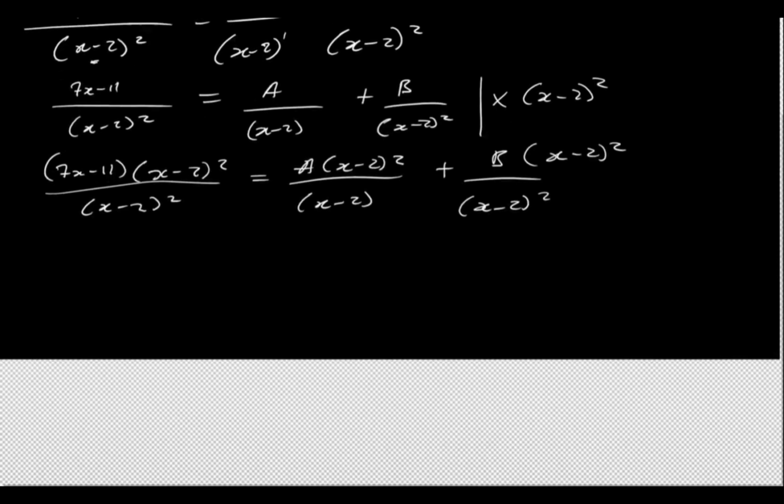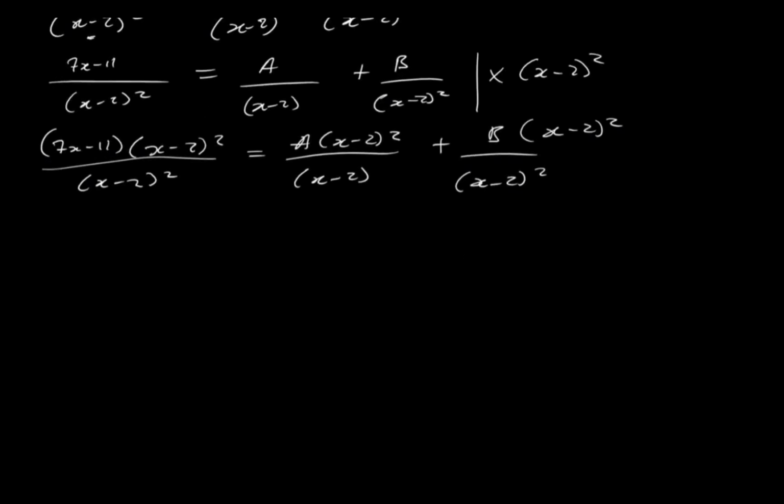Alright, once you have this, this will cancel out with that, and you have 7x minus 11 is equal to, this cancels one out of that, and you have a times x minus 2 plus b. This cancels with that, so you just have b.